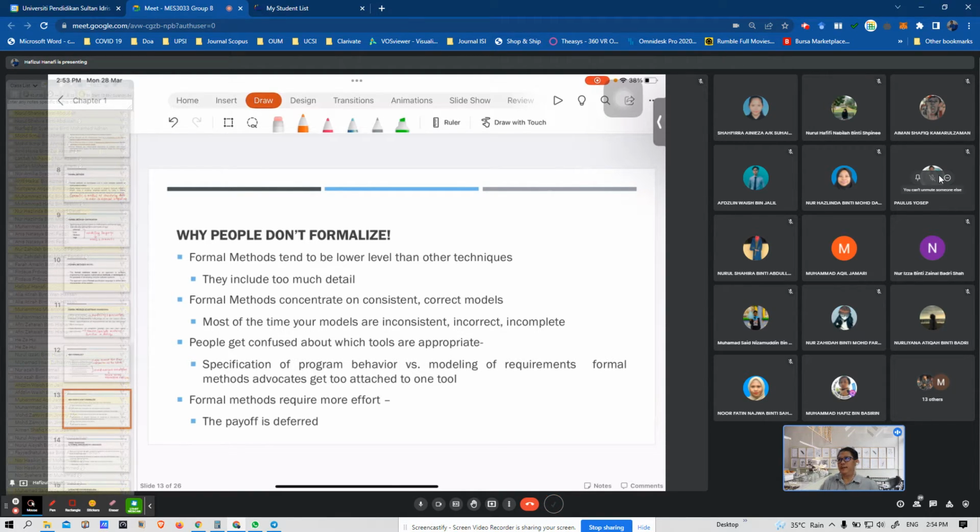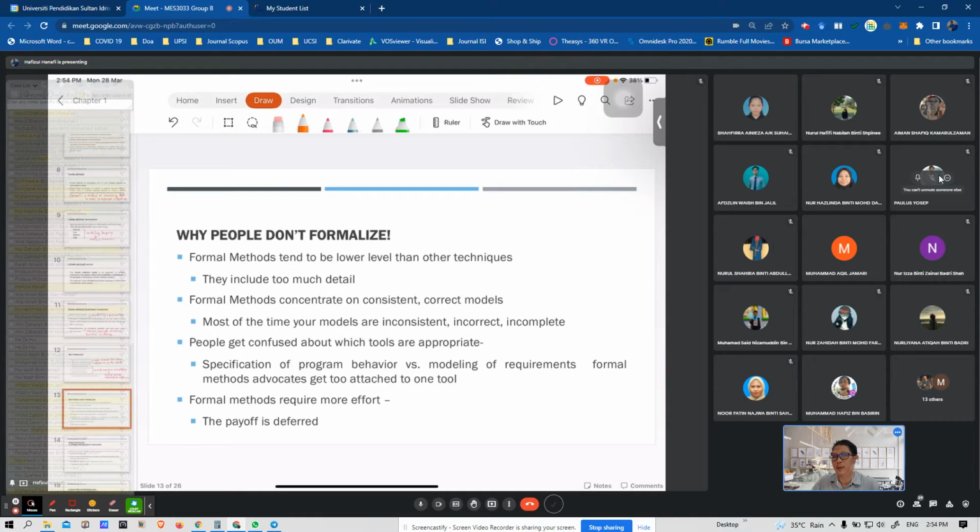And then formal methods concentrate on consistency and correcting the models. If you have the models, after that you need to correct again, and it will take a lot of time, and sometimes the model itself is inaccurate, inconsistent, incorrect, or incomplete. This is a very rigorous process.